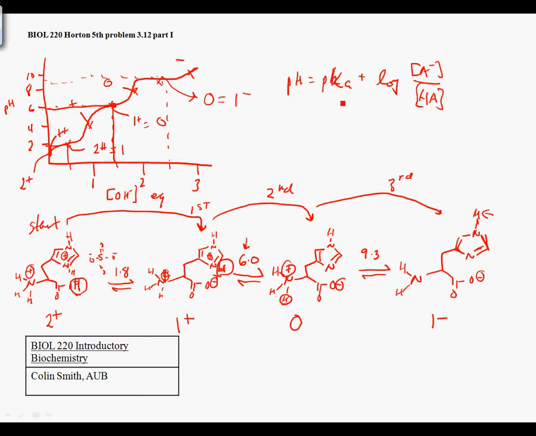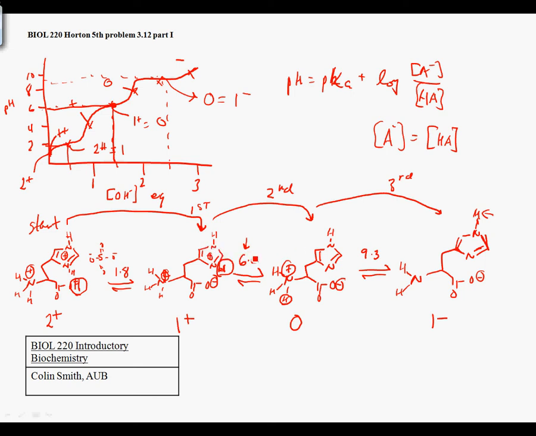So the buffer is greatest when the two forms are equal to each other. Because at this point, what happens? If base is added, it resists the change. If acid is added, it resists the change.